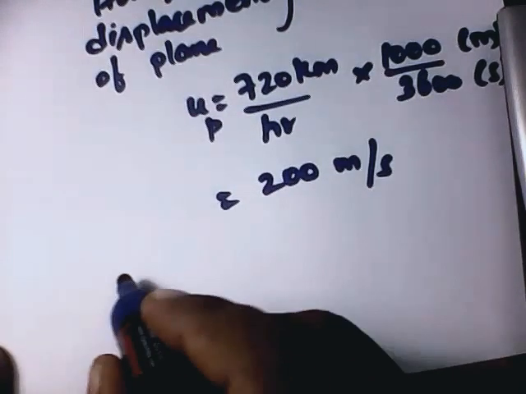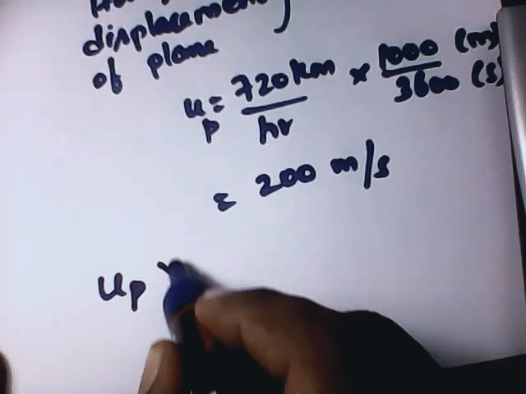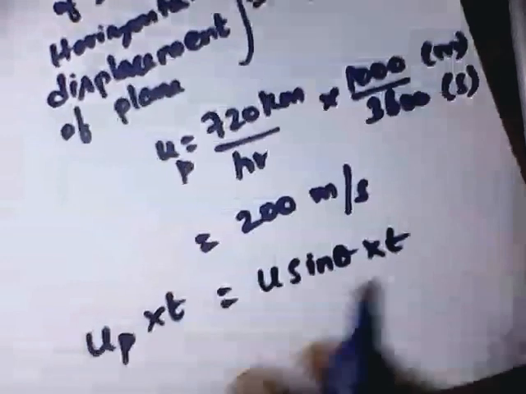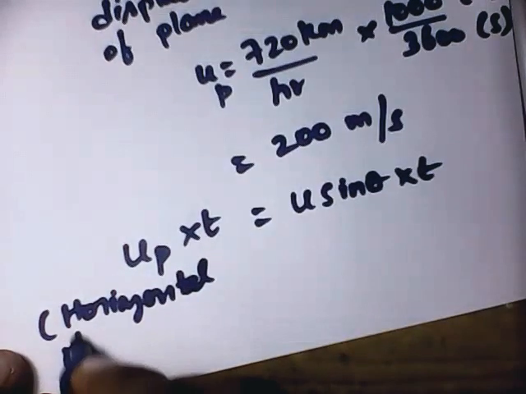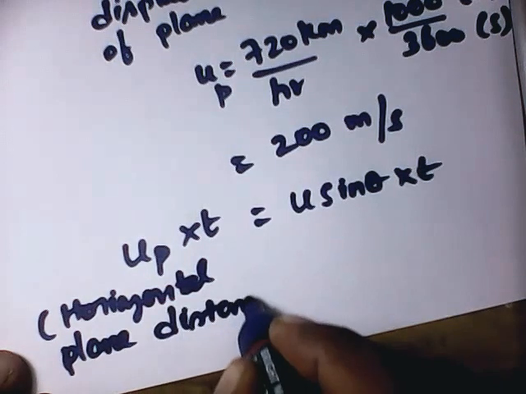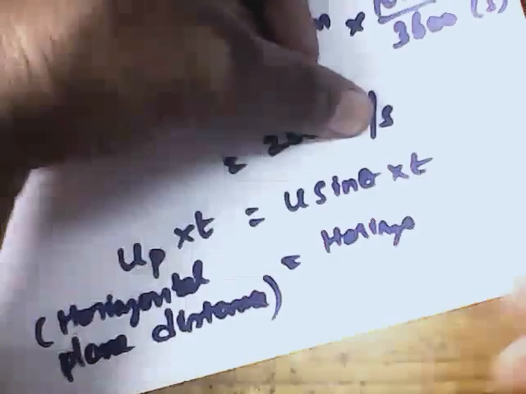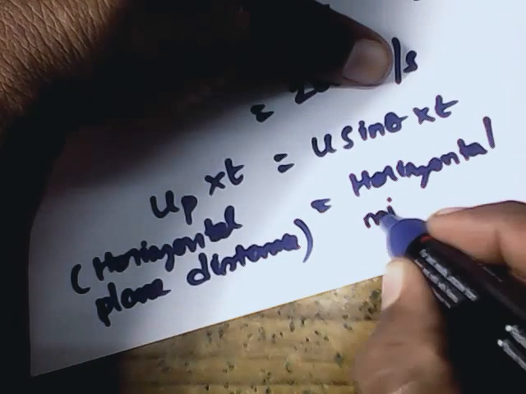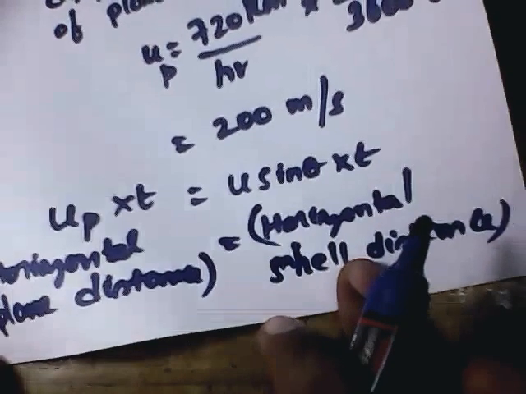I keep it as UP to understand, do not confuse with the other u. Okay. So here both are same. Therefore, UP into T should be equal to u sin theta into T, that is, horizontal plane distance is equal to horizontal shell distance.